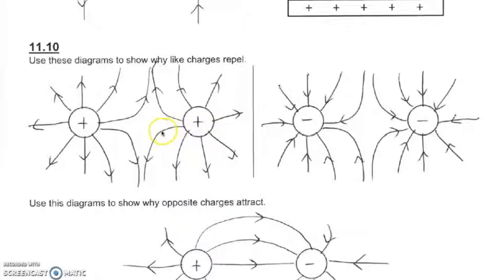Notice they never actually touch each other. So make sure you draw them coming out of our positive spheres, but make sure they never actually touch. And because they never touch, it means these positive charges also in reality don't touch either.